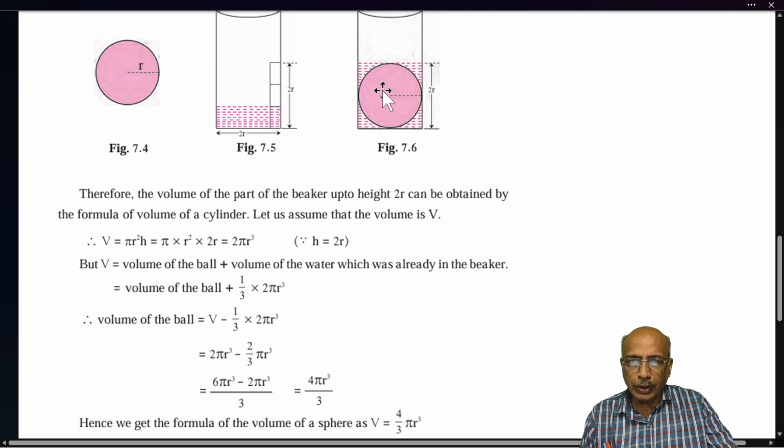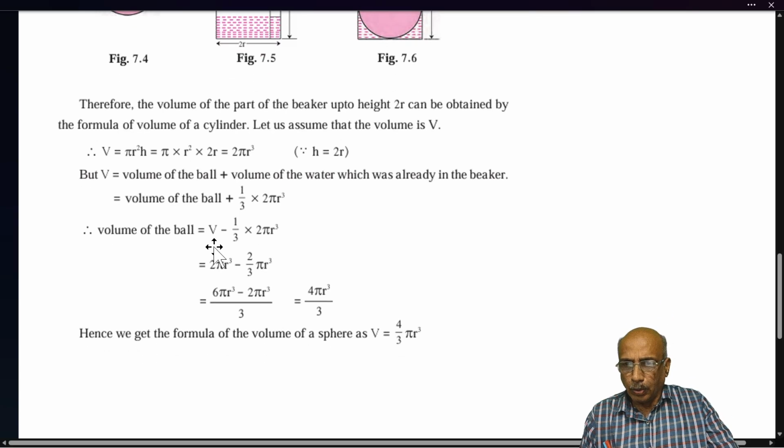So the total comes to V. Volume of the ball equals the volume of this figure minus the volume of this figure. This figure's volume is 1/3 into 2 pi r cube, and the volume of this figure is V. So the volume of the ball will be V minus 1/3 of 2 pi r cube.